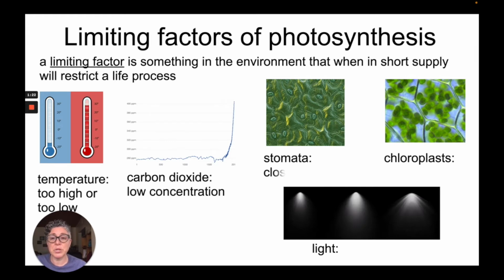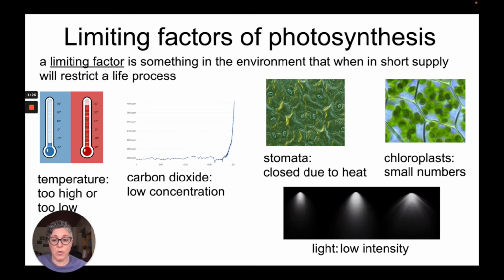So the temperature can either be too low or high, and then that would limit how quickly photosynthesis would happen. If carbon dioxide concentration is too low, then that will also hinder photosynthesis from happening. If the stomata are closed, that will not allow carbon dioxide from the atmosphere into the leaf, and again, photosynthesis will not be able to take place.